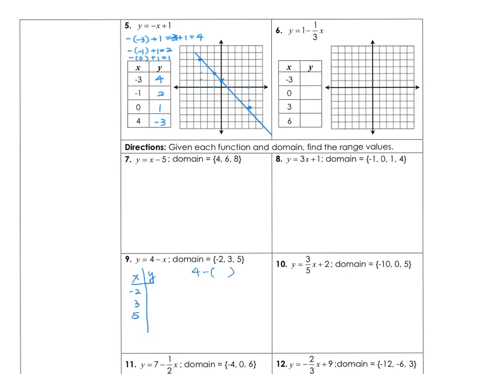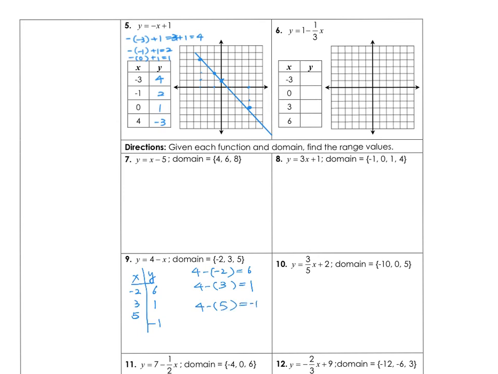It's 4 minus x. In the first case, x is -2, double negative makes a positive. So you have -2, 6 as an ordered pair. Now, same thing with 3. 4 minus x equals what? 1, right? Same thing with 5.